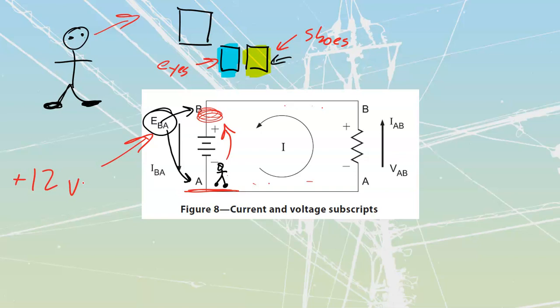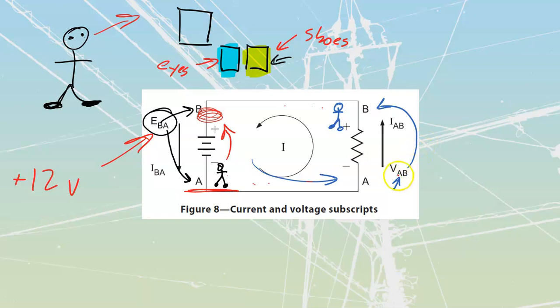Okay, let's go across to the next side. The next one that they said is the first subscript, once again, always represents the end of the circuit component at which the tracing loop enters. So following our current through the circuit over here, our current's traveling this way, we entered this component over here. And so when I'm looking at my value of voltage for this component, I see that the first one here is where it's entering, which means that where am I standing in the circuit? Well, I am standing on B. So I'm going to stand right over here. Okay. I'm standing right over there, and where am I going to be looking across?